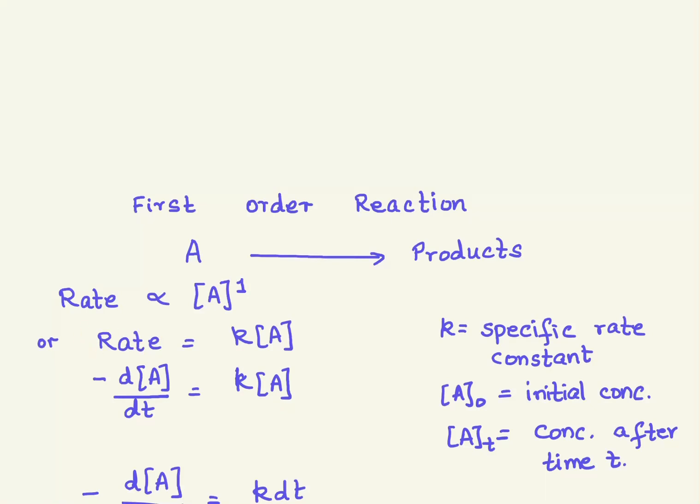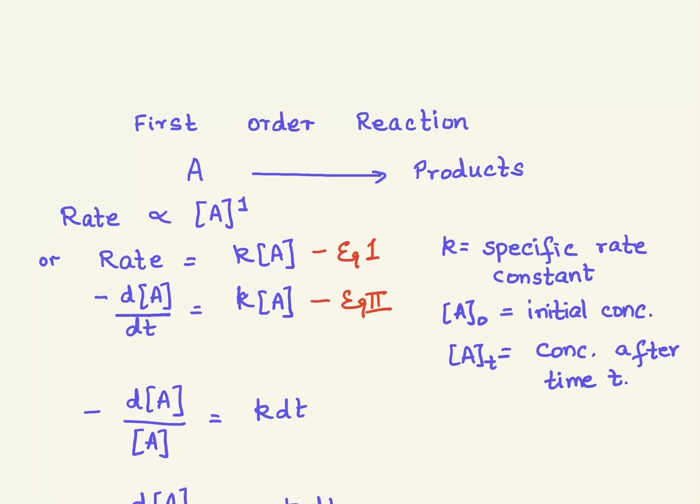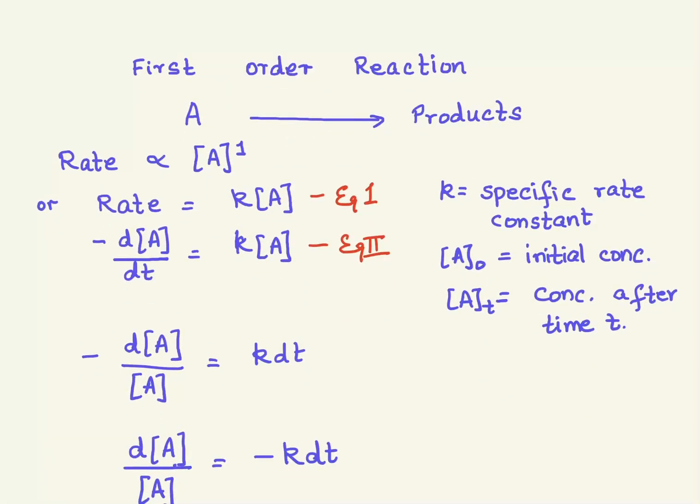If the first equation talks about rate and the second equation is also talking about rate, and they are talking about the same reaction, that means the two should be equal. So what we do is we equate them.